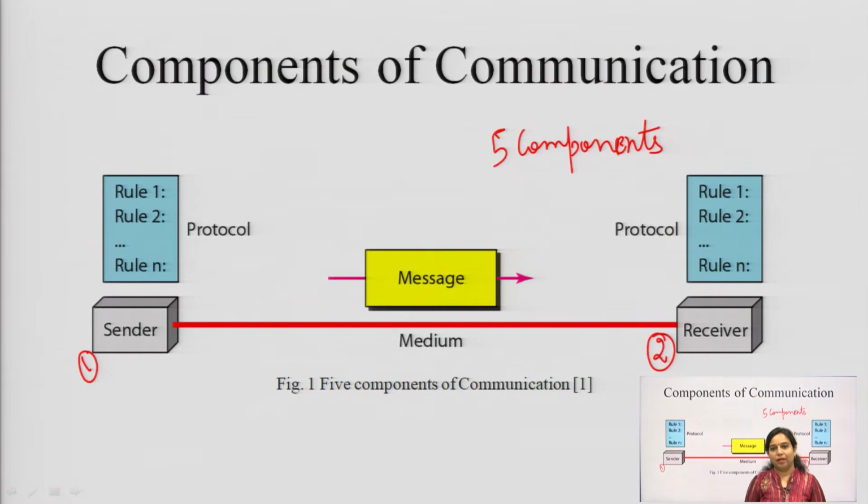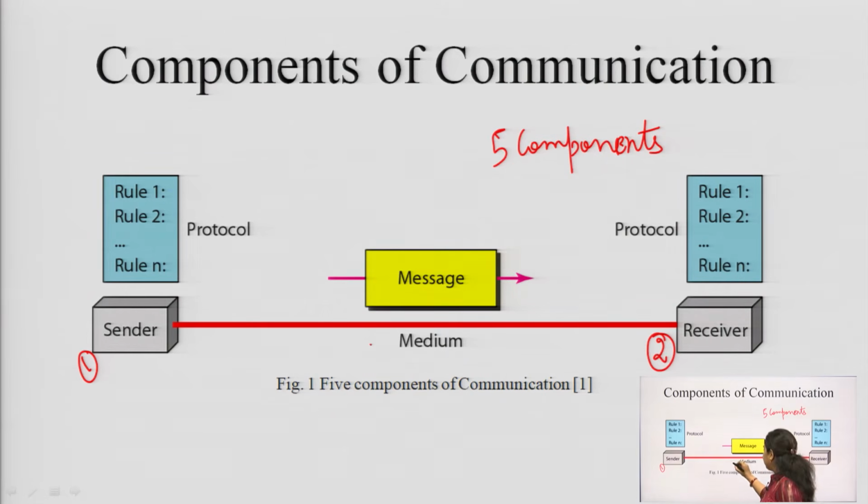There can be one receiver, or more than one receiver. In case of more than one receiver, it is a kind of broadcasting, like TV signals: only one transmitter will be there, and you can imagine how many receivers there are for a TV signal. That is an example of multi-point communication, or broadcasting communication. This is the second component of the communication.